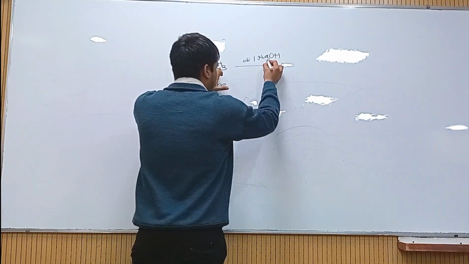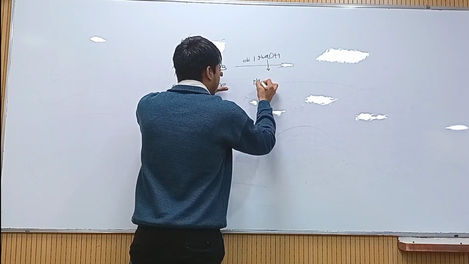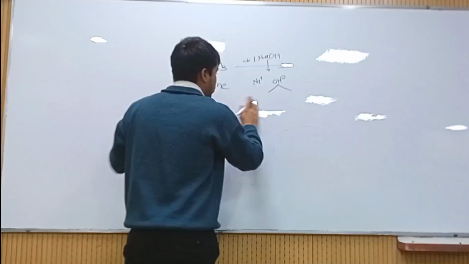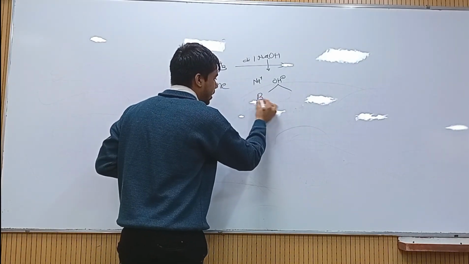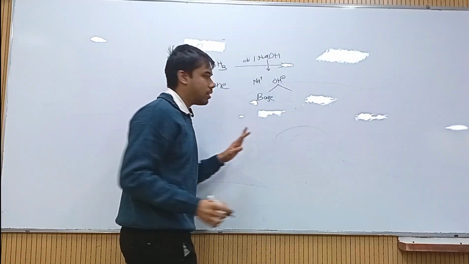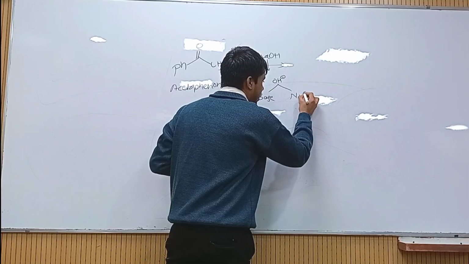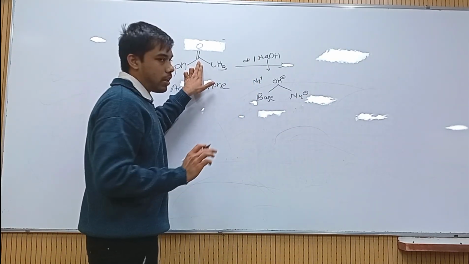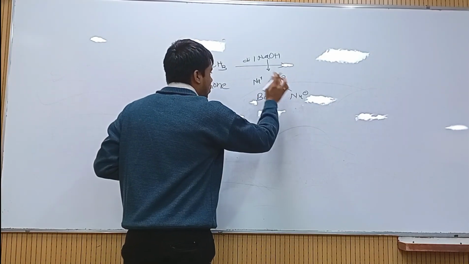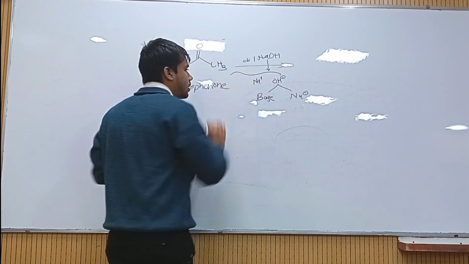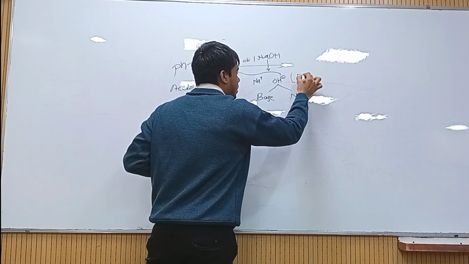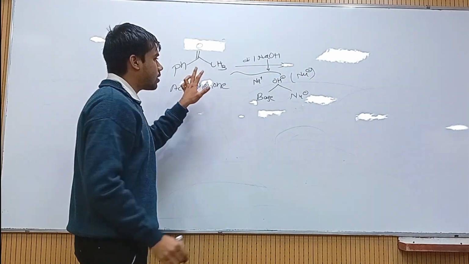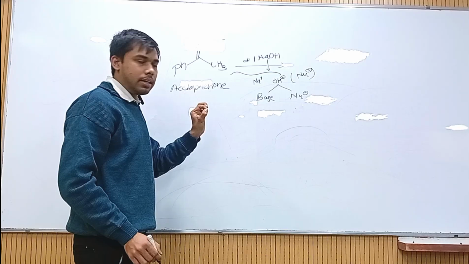So this NaOH will have Na plus and OH minus. That OH minus has two roles. One, it can act as a base, and another, it can act as a nucleophile. It can act as both. If it acts as a nucleophile, it will attack an electrophilic center, where there is a delta positive charge.